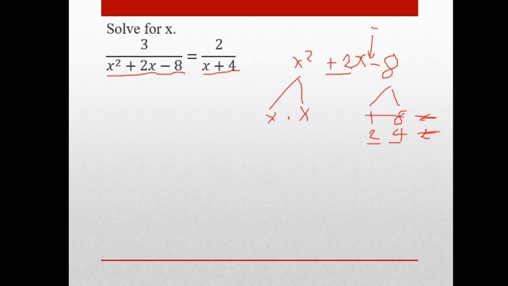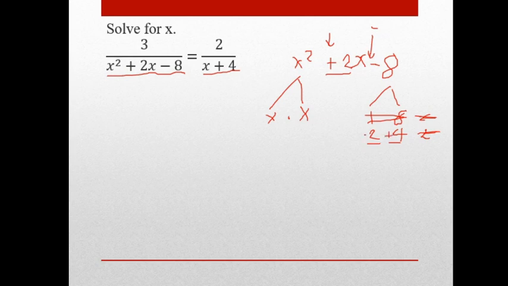Na-eliminate na natin to. Ito ang gagamitin natin. Ang tanong, yung isa positive, yung isa negative. Sino yung positive? Sino yung negative? Tingnan natin yung sign nung nasa gitna. Positive. Ibig sabihin, mas malaking number yung positive, which is 4. So, ito positive. Ito negative.